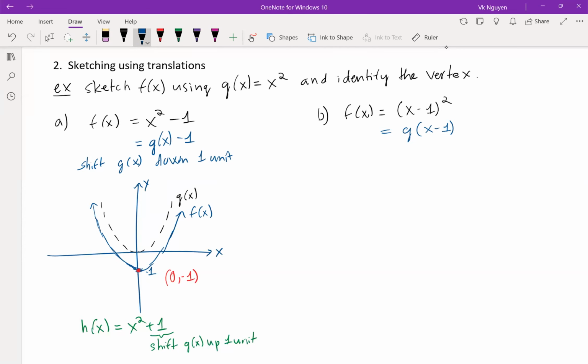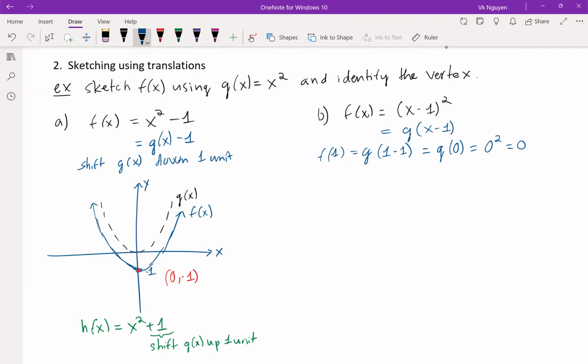To do this, notice that f(1) = g(1 minus 1), which is g(0). g(0) is 0 squared, which is 0.